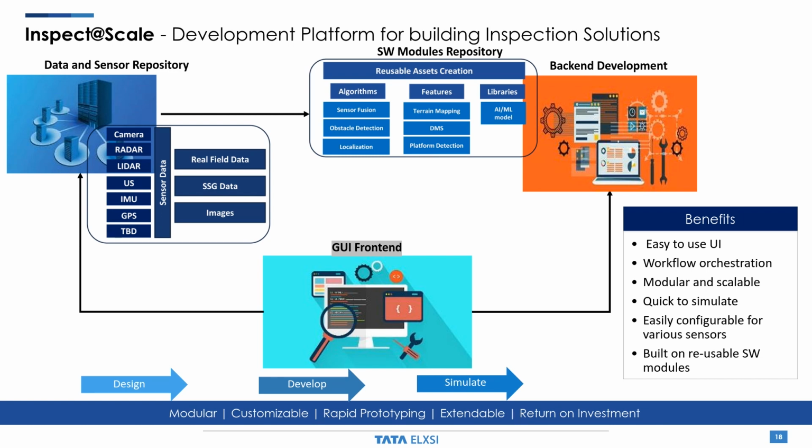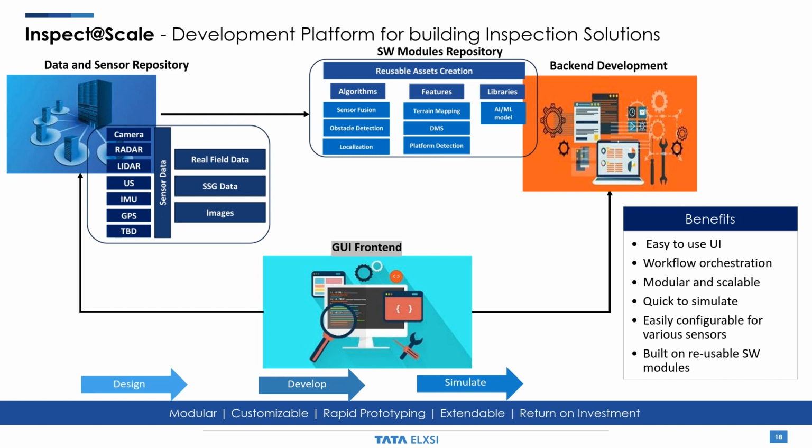Firstly, almost all physical assets can be monitored using one or more types of sensors. The sensors include, but are not limited to, cameras, LiDAR, ultrasonic sensors, IMUs, pressure sensors, to name a few.